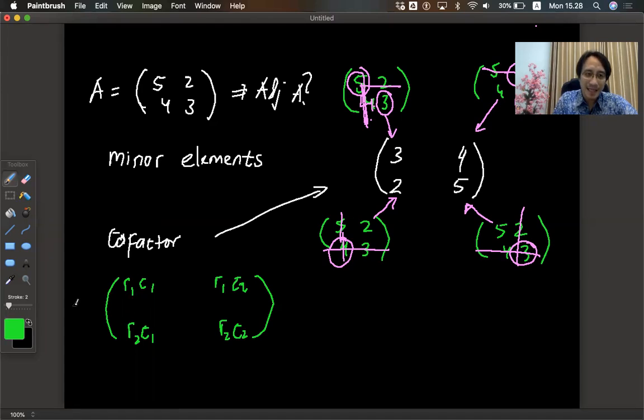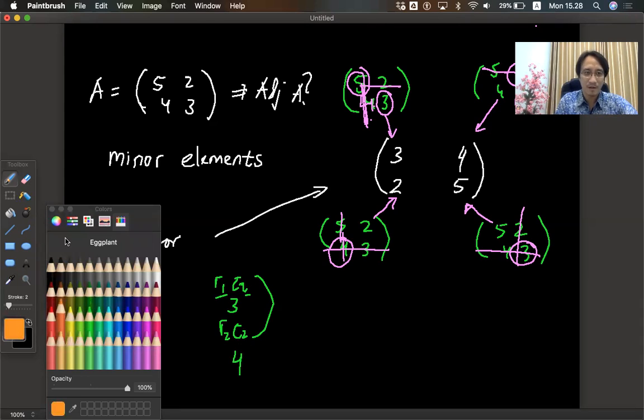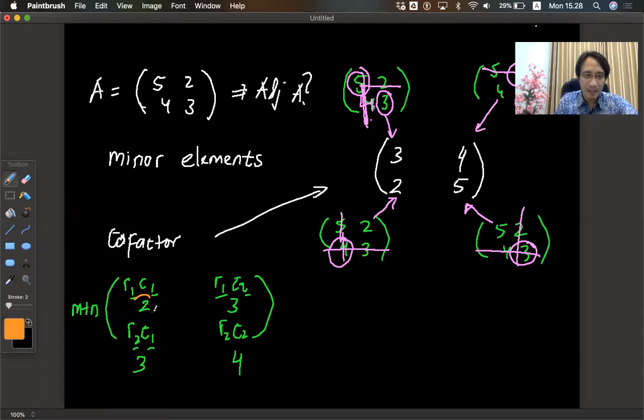So the m plus n is 1 plus 1, so this is 2, 1 plus 2 is 3, 2 plus 1 is 3, and this one is 4. So this is the m plus n.